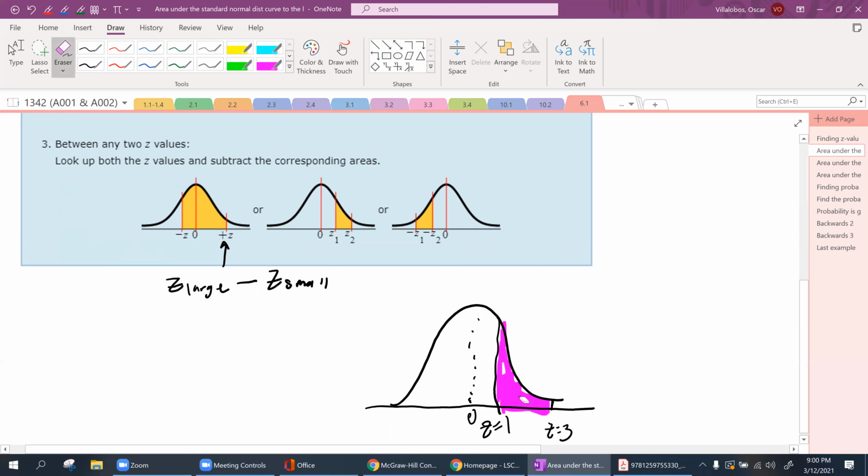What you would do is find the area of z equals 3, which is going to include all of that.